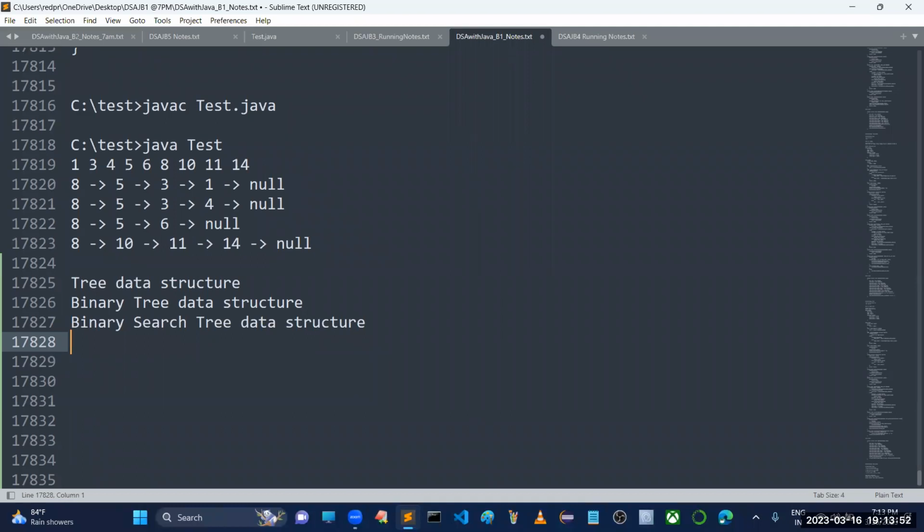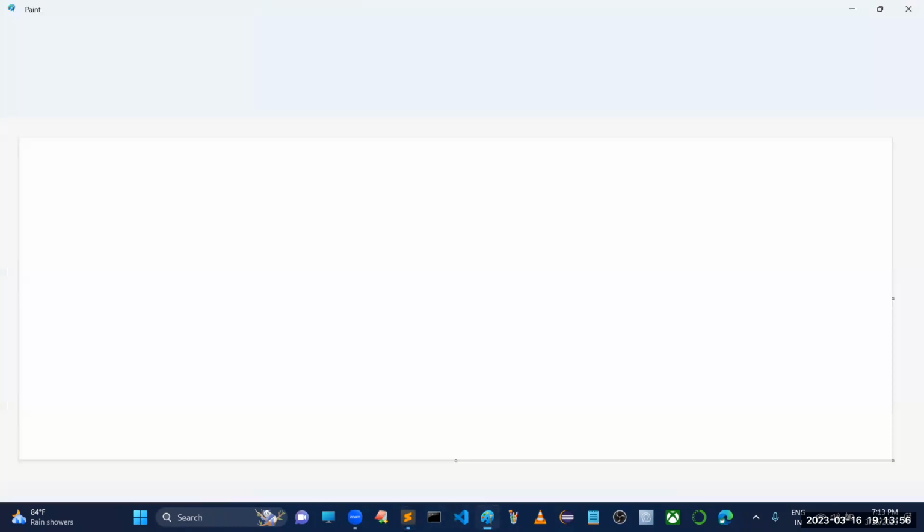Now, in this binary search tree, we have some problems. For example, consider I want to insert some elements like 10, next 20, next 30, next 40, next 50.